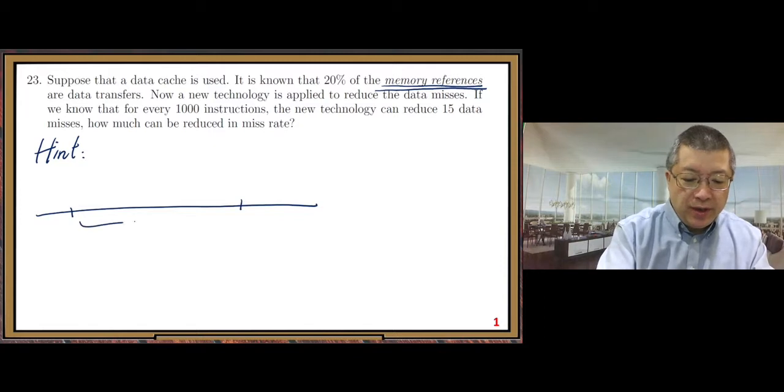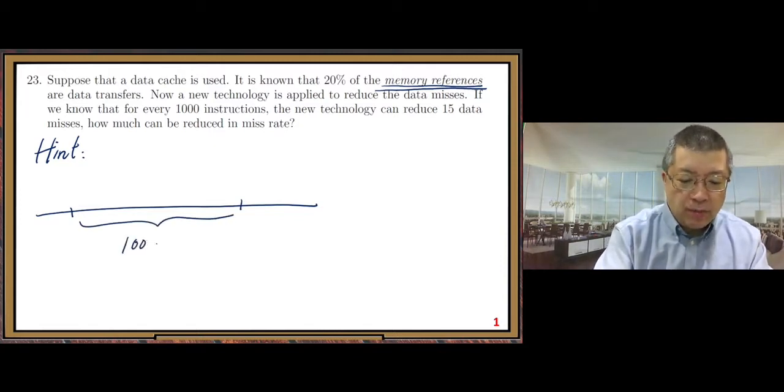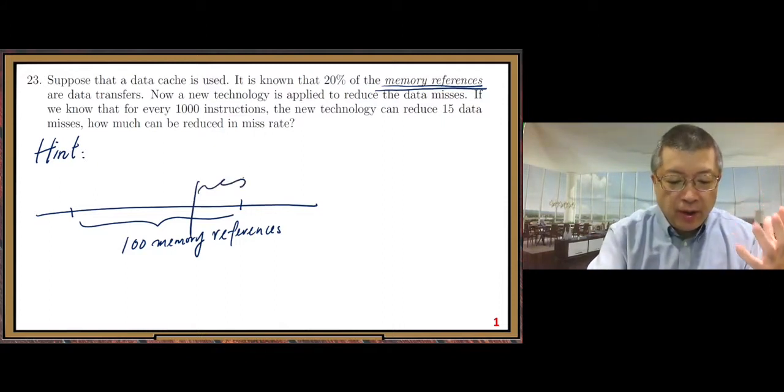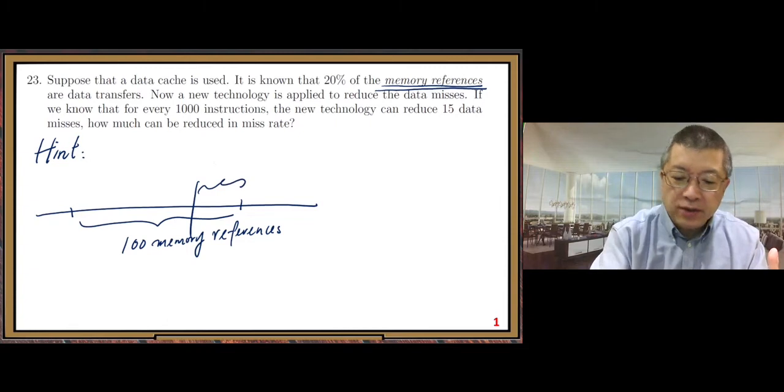So we assume 100 memory references or accesses, the same thing. All right. Among 100, we know 20%. So that's 20 data transfers.